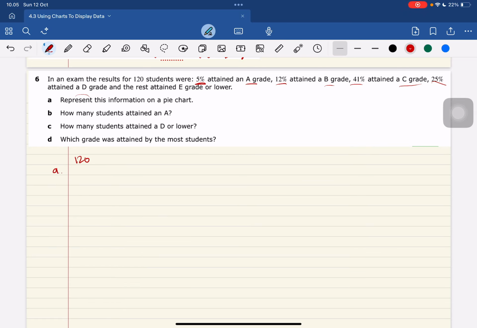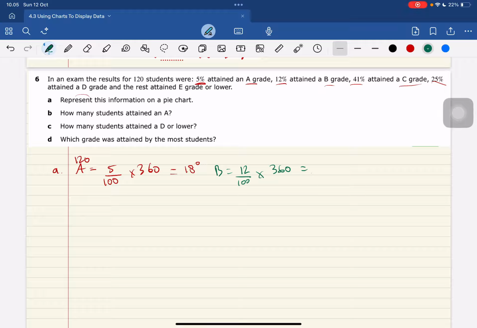So if 120 students, so this is for A. So the student who got A will be 5 over 100 times 360. This is equal to 18. So A is, we need to make it 18 degree. And B is gonna be 12%. It means 12 over 100 times 360 degree.